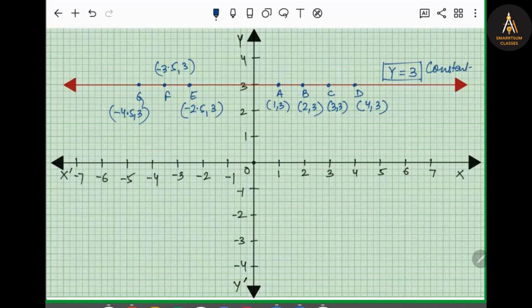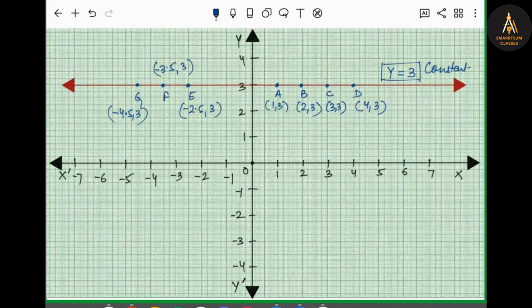Whatever will be the value of x, the value of y will be constant, right? And when you locate such points and join these points to draw a line, you will find that the line is parallel to x-axis. Are you getting my point? Yes or no?